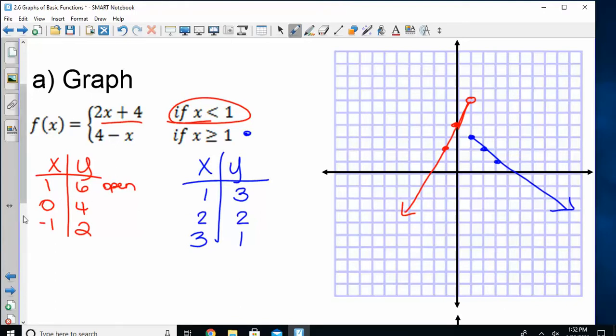Is that one continuous? No. Because we have a break in our graph. It's continuous from negative infinity to 1 and from 1 to infinity, but not the entire time. What's the domain of this?